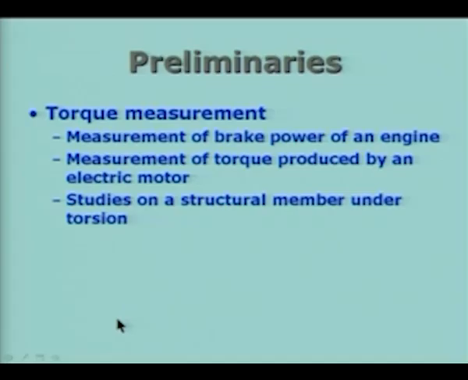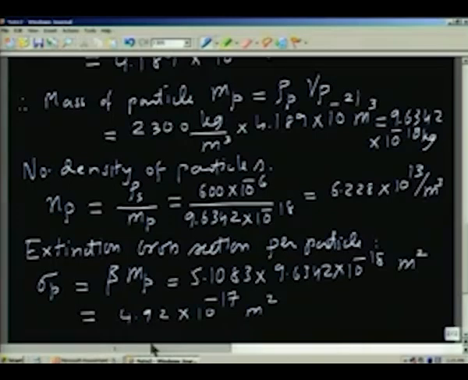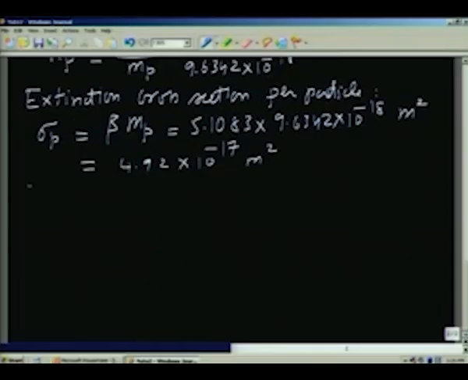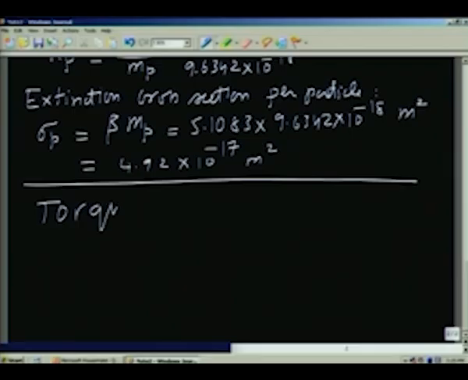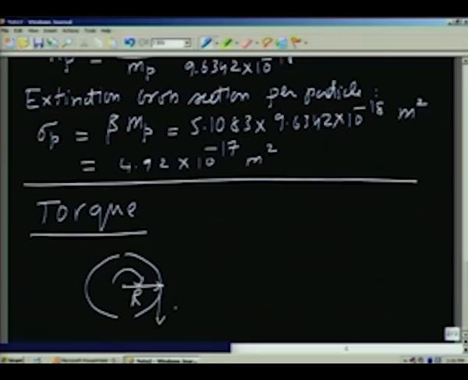Then secondly, we are interested in torque measurement, and to explain the measurement of torque, let me just look at the definition of torque. If you have a rotating system, this is the radius, and if the rotation is due to some force, so F into R is your torque.